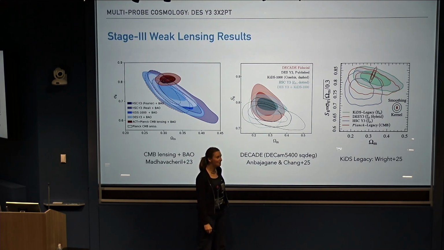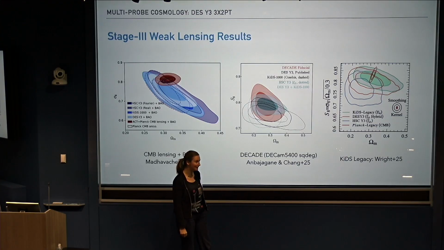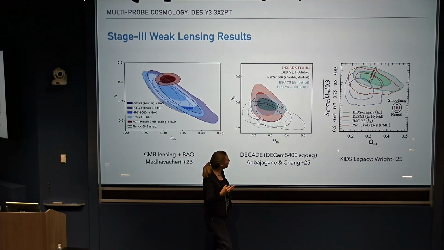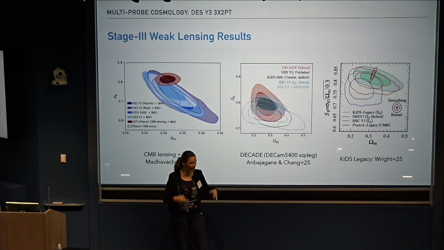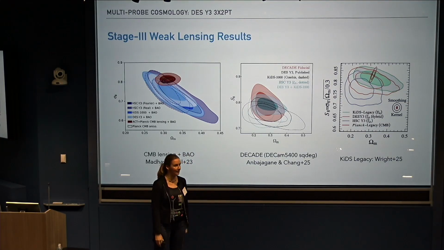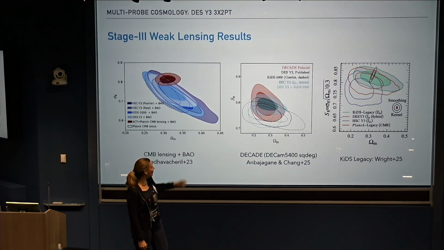You will probably hear more about that in the coming months from DES and then soon from other surveys. But the main thing I want to highlight here, rather than the actual constraints, is the process that leads to this. Yes, these are all, of course, results by different collaborations, but we did not get there in isolation.